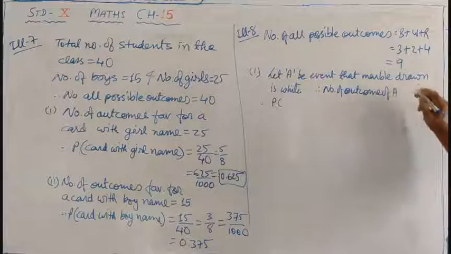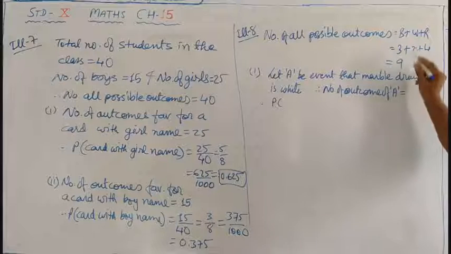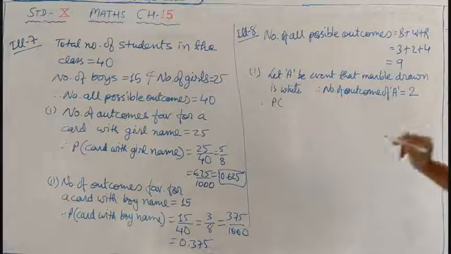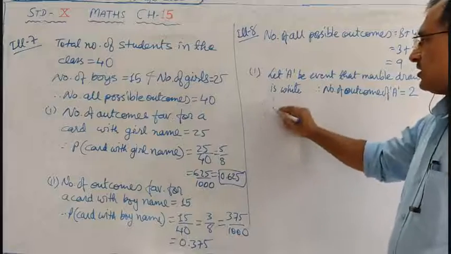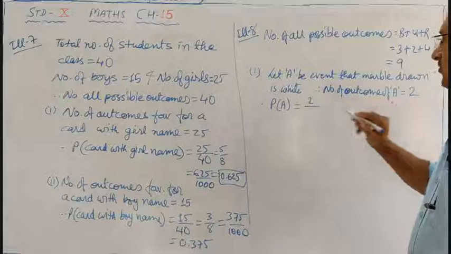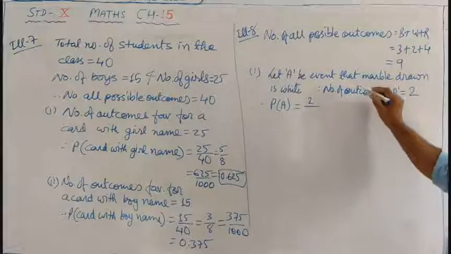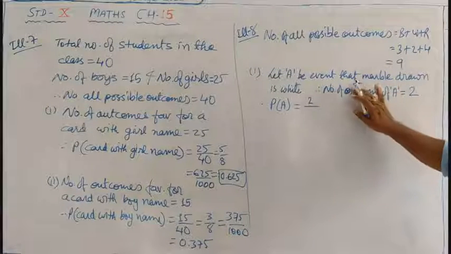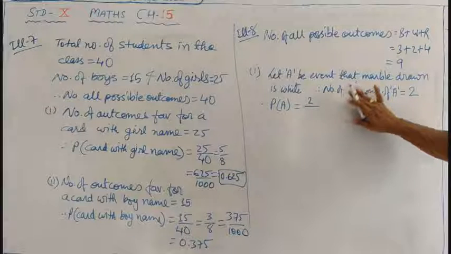of event A is equal to white marble. There are 2. So probability for the event A is equal to number of favorable outcomes divided by all possible outcomes.